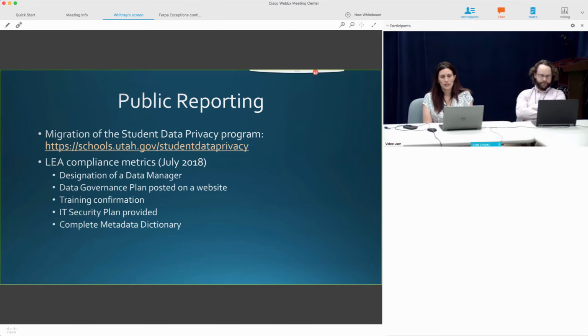We wanted to give you a heads up that we will be publicly displaying your LEA by the requirements, just a little chart. We'll have stars or happy faces or thumbs up or green lights or something. We will be reminding you of this and give you plenty of time to get up to date if you're not. We'll show you an example of what that's going to look like before we publicly post that.